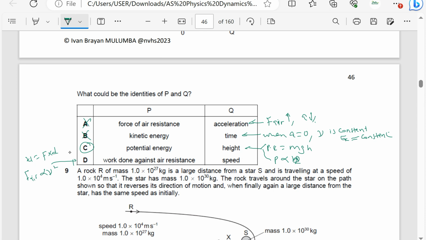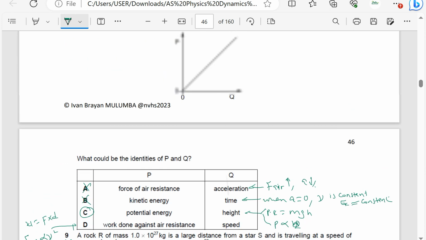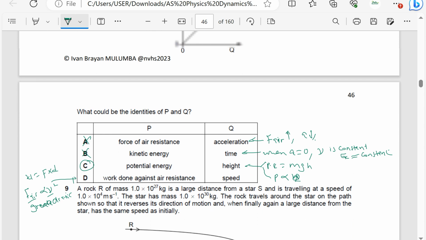As speed increases, the force will be directly proportional to the square of the speed. So this cannot be a straight line, but it will be quadratic. Yet here we have a straight line, which is the equation of a line.